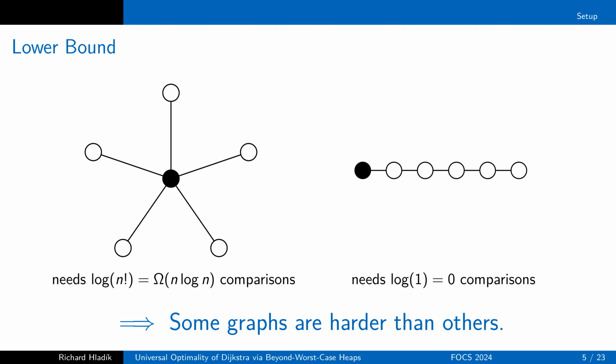And this is a general drawback of worst case analysis, because imagine that someone gives me a worst case optimal algorithm, and then I run it on paths, and then I come back to them and complain that it's slow. And what they tell me is, okay, but I'm sorry, it's slow, but you know, we have these lower bounds.